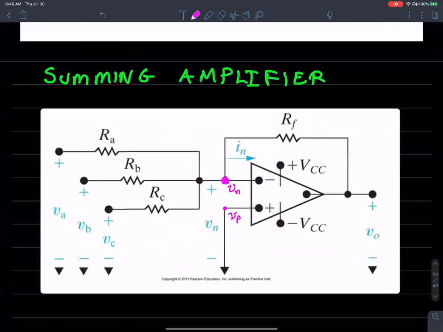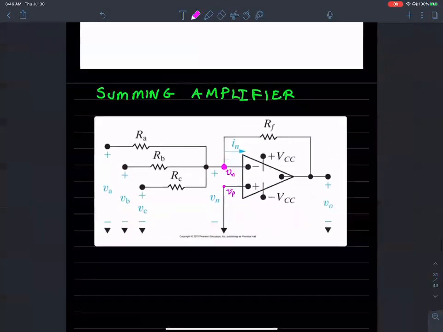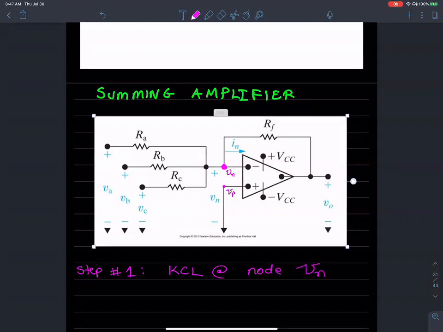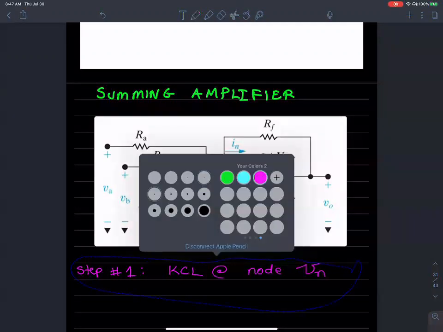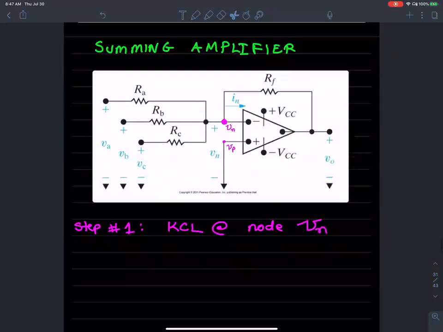So how do you begin the analysis? You always begin the analysis. Step number 1 is by writing KCL at node Vn. That's what you did in the previous 2 cases. Okay, that's step number 1.